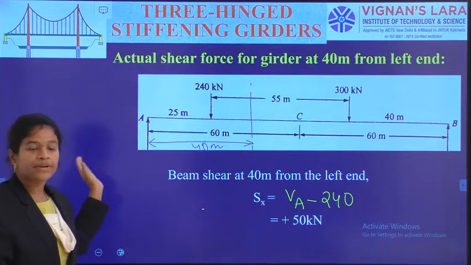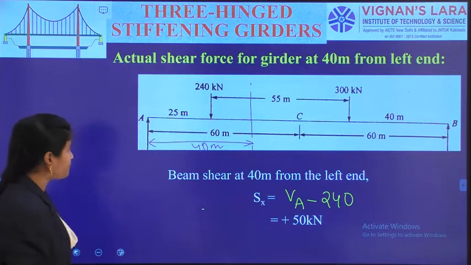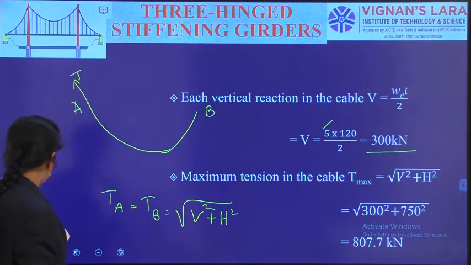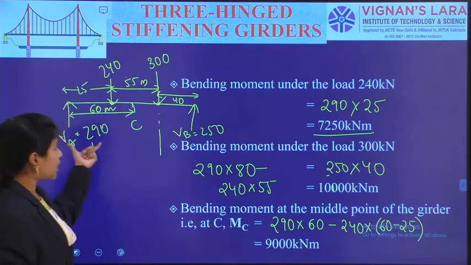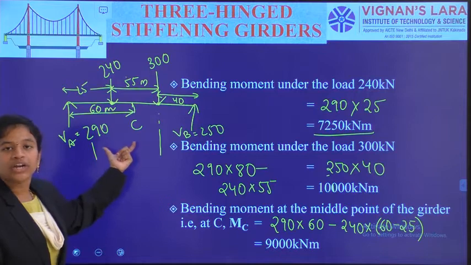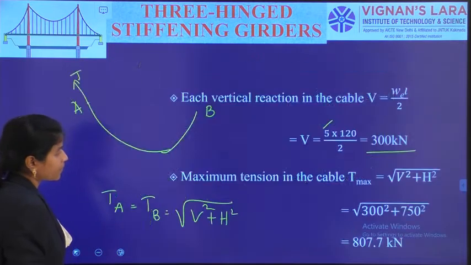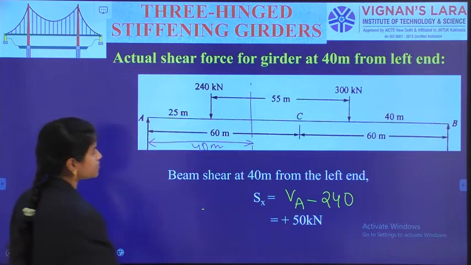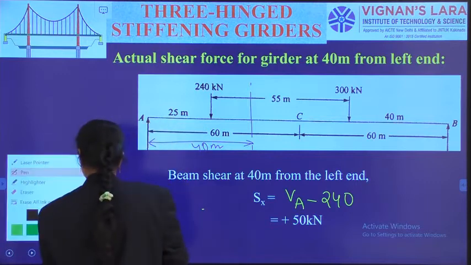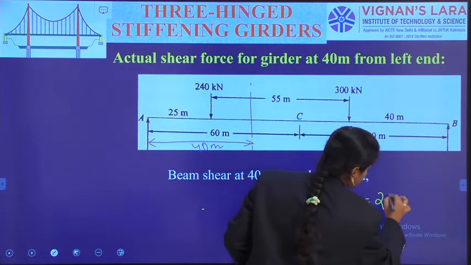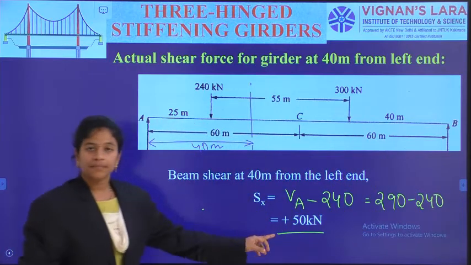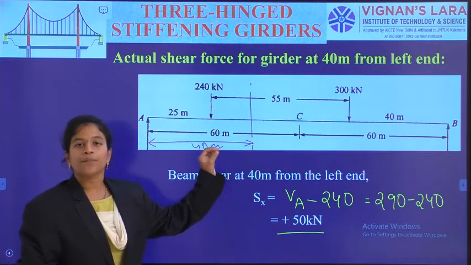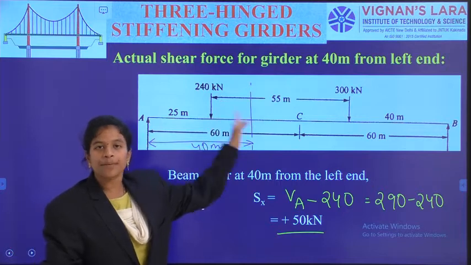So in the previous step itself we have calculated VB and VA, which is for the girder, and we have got 290 kilonewton as the support reaction of the girder. So 290 minus 240, plus 50 kilonewton as the positive shear force occurring on the beam girder.